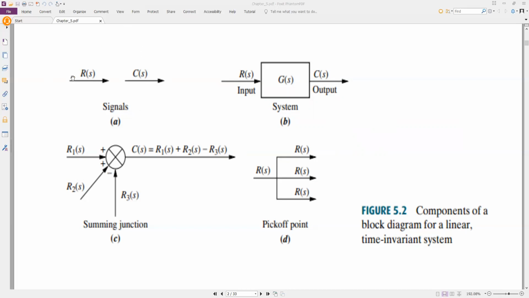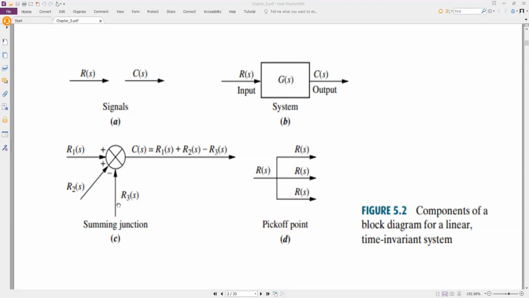These are the signals, this arrow, and this block is known as the system. And this kind of thing is called the summing junction.